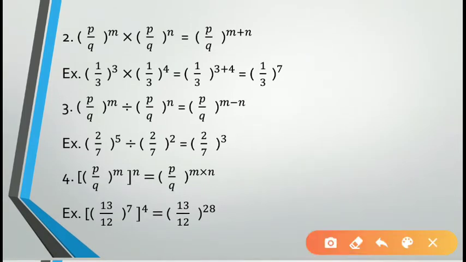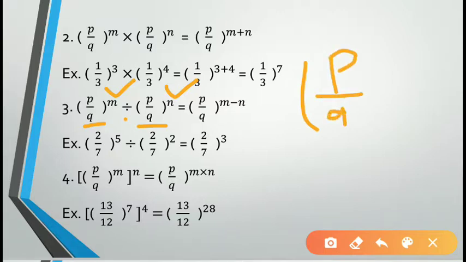The third law of exponents is p by q to the power m divided by p by q to the power n. Here also the rational numbers are the same but the powers are different, and in between the sign is divide. If the sign is divide, first you write the rational number p by q one time, and then the power will be subtracted.